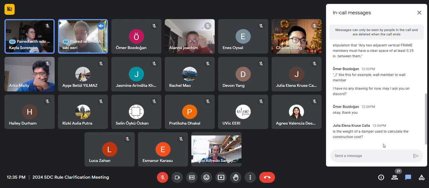Is the weight of the damper used to calculate the construction cost? I think the construction cost... let me go back and check the rules.